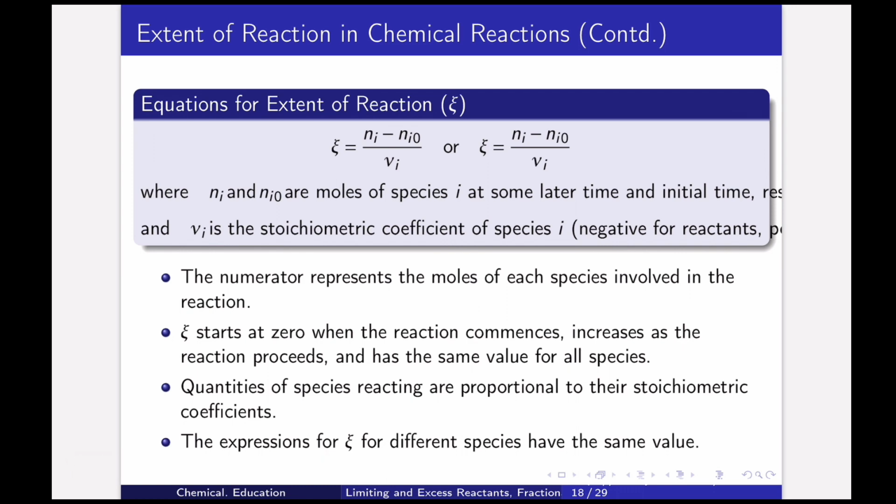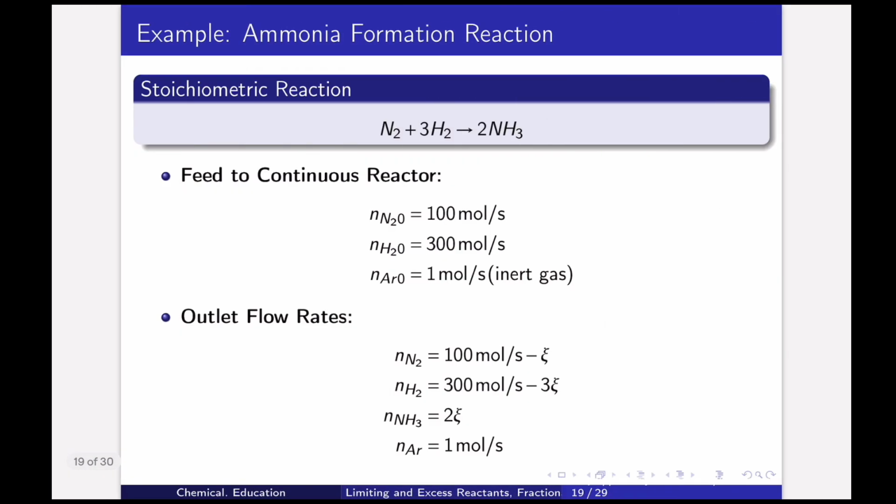Now I am taking one example, the ammonia formation reaction: N2 plus 3H2 produces 2 moles of ammonia. Feed to a continuous reactor: nitrogen is 100 mole, ammonia initially 0, hydrogen is 300 moles, and argon is 1 mole, which is an inert gas, so argon will not take part in the reaction.